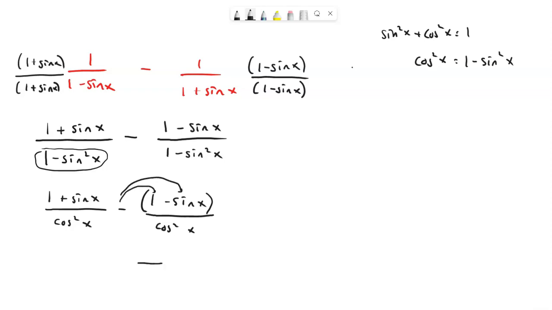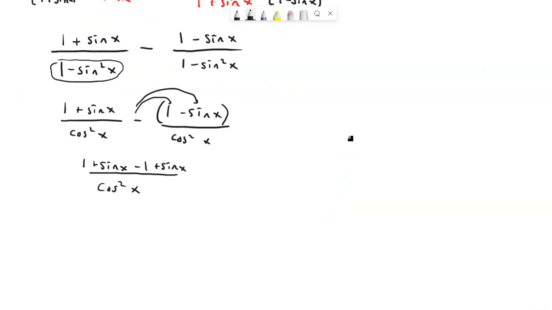So combine them all over cosine squared x. And this gives me 1 plus sine x minus 1, minus minus sine x, which is plus sine x. And so 1 minus 1 is 0. Sine plus sine is 2 sine. So I get 2 sine x over cosine squared x.